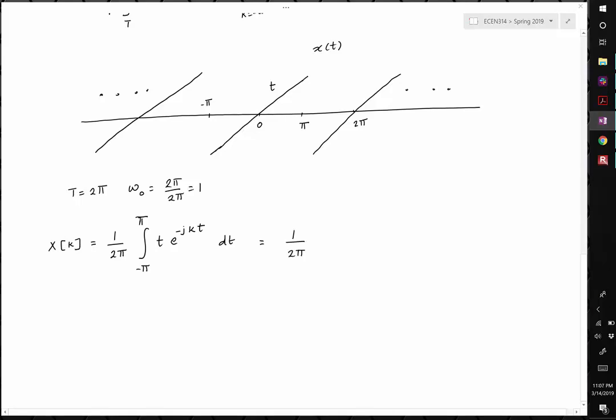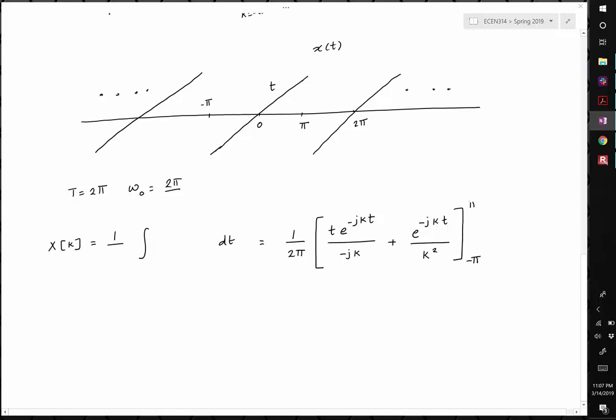You should see that this integral turns out to be t times e to the negative j k t divided by negative j times k, plus e to the negative j k t divided by k squared, and the limits are negative pi to positive pi. Oops, I'm sorry, I don't know what happened here.